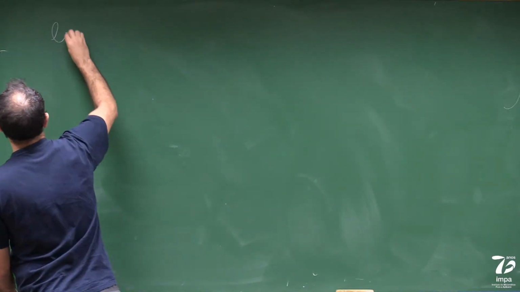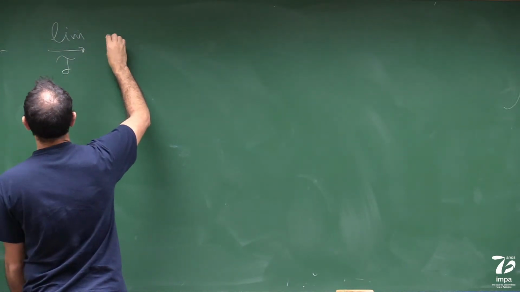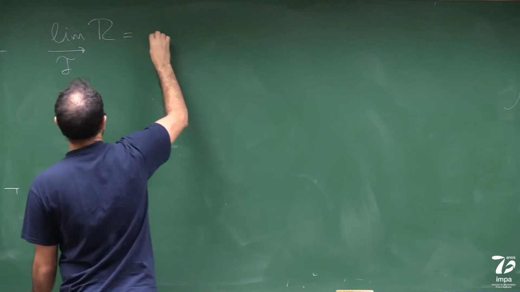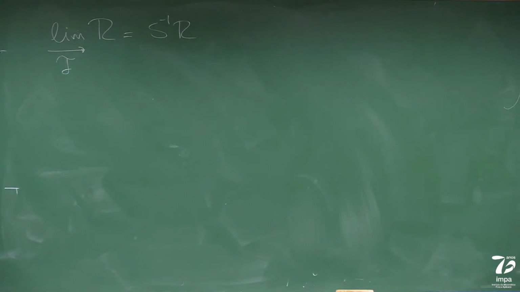So the colimit over this category of R is S inverse R. Well, let's check that for this guy to be a colimit, I need to have a map from each one of these guys to this colimit.